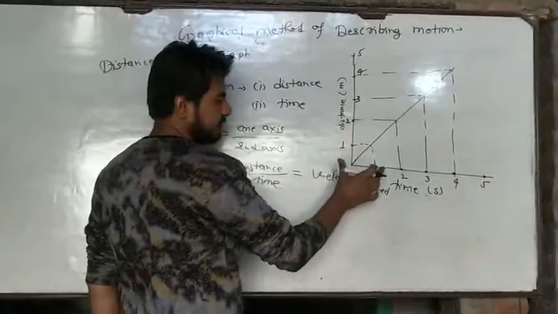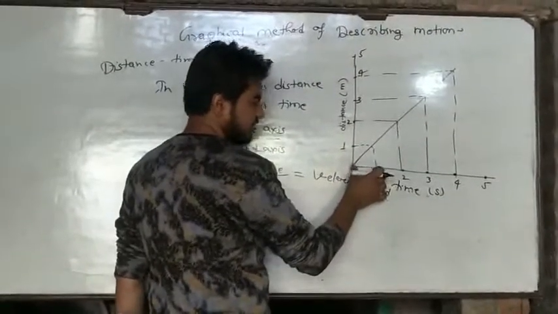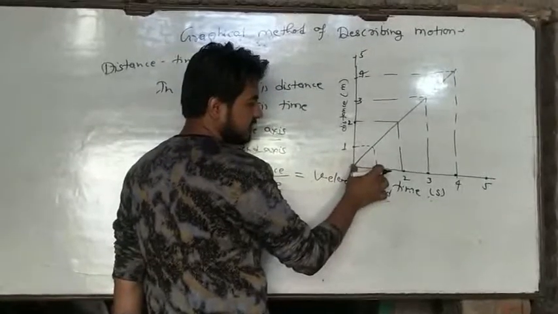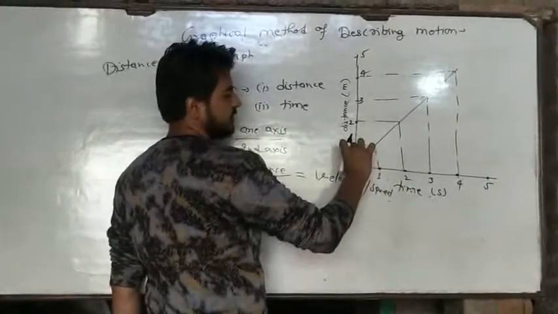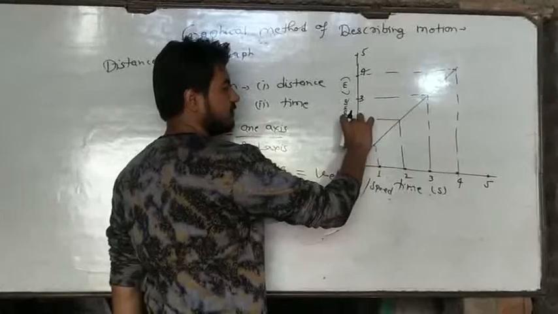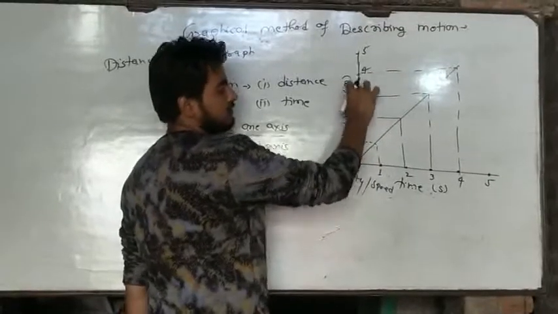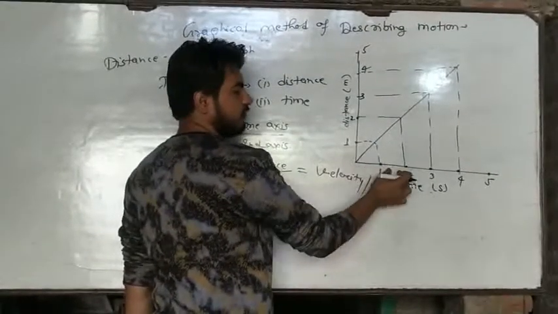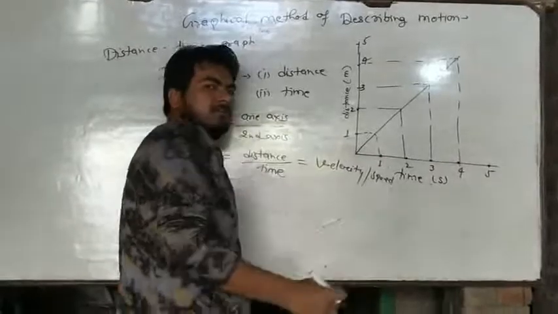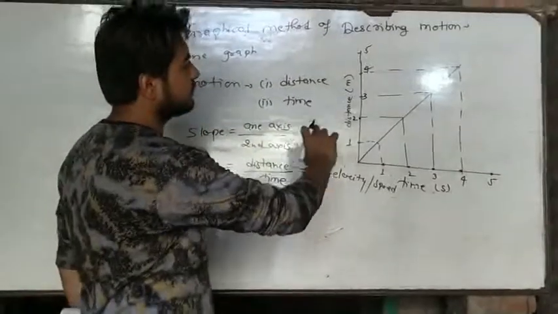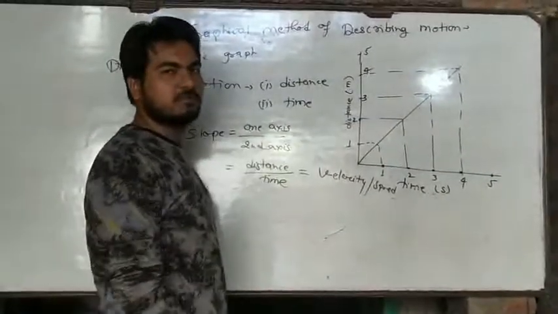This is the distance gap, this one also 1, this one also 1, and time gap 1, 1, 1, 1, 1. This is constant. So this is uniform motion.